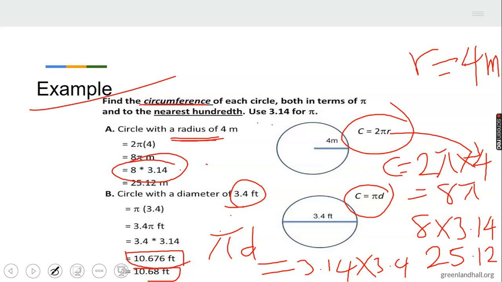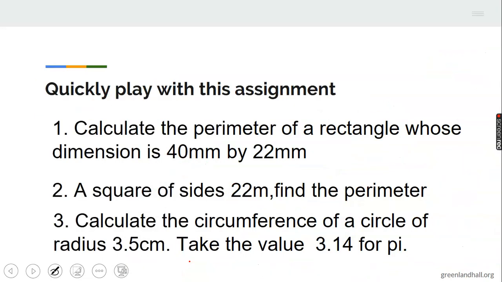You can see that is how to solve something such as this. Everything is very simple. If you follow the simple procedure, you will arrive at the correct answer. Now, here is one assignment for you to quickly play with.